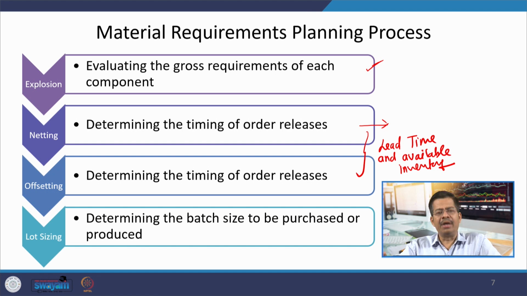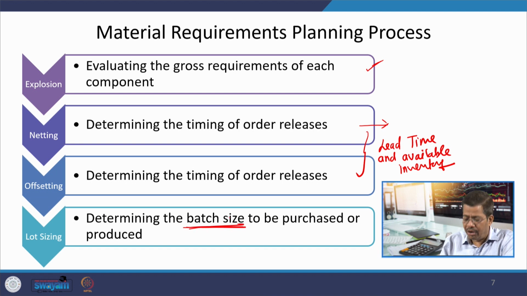In this class today, I am going to consider a system which is the simplest, that how many quantities you require, you order that many quantity, but that may not be economical. So, we will discuss in detail the determination of the batch size for ordering purpose, because there is a cost element associated in this, and that is going to be discussed in our next class.